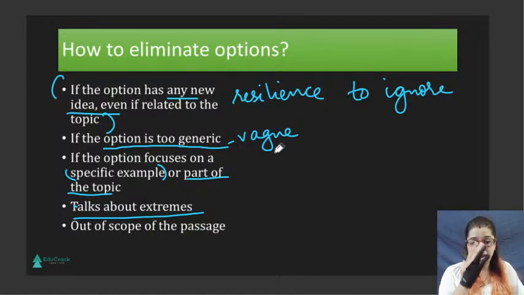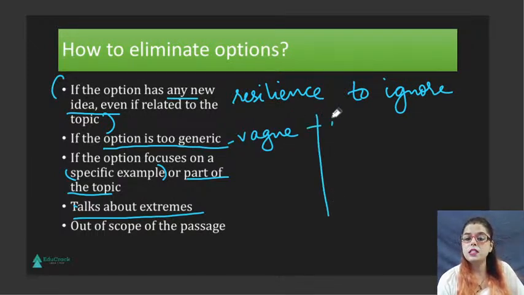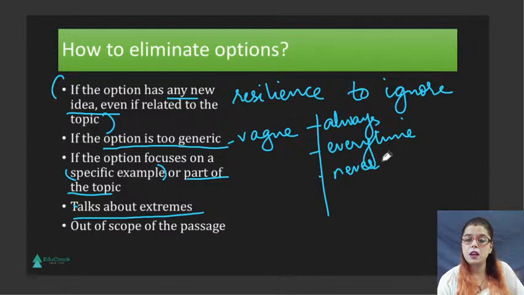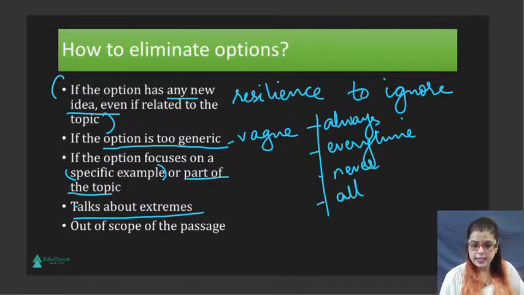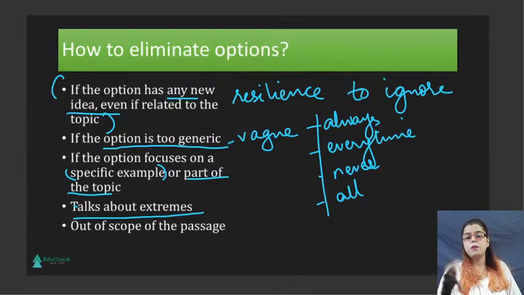But if the passage is not extreme, then there is going to be an issue if you have extreme options. So how do we identify extreme options? Presence of words like always, every time, never, all. So unless this is the meaning that is coming through from the passage, we do not talk about extremes.